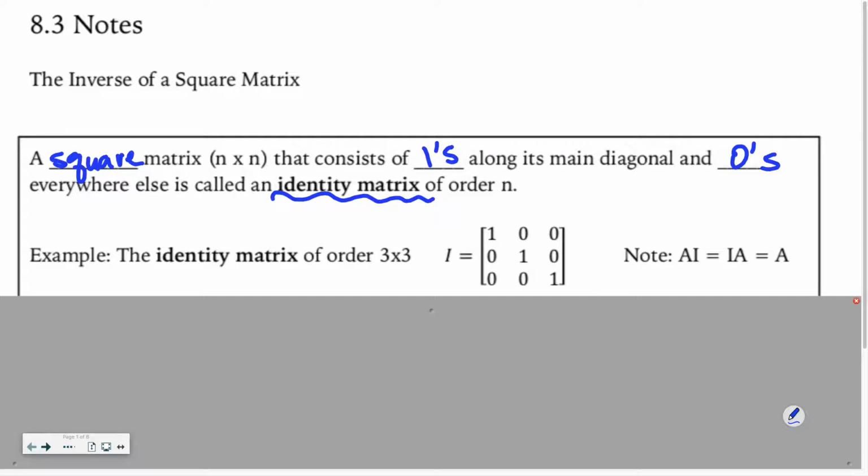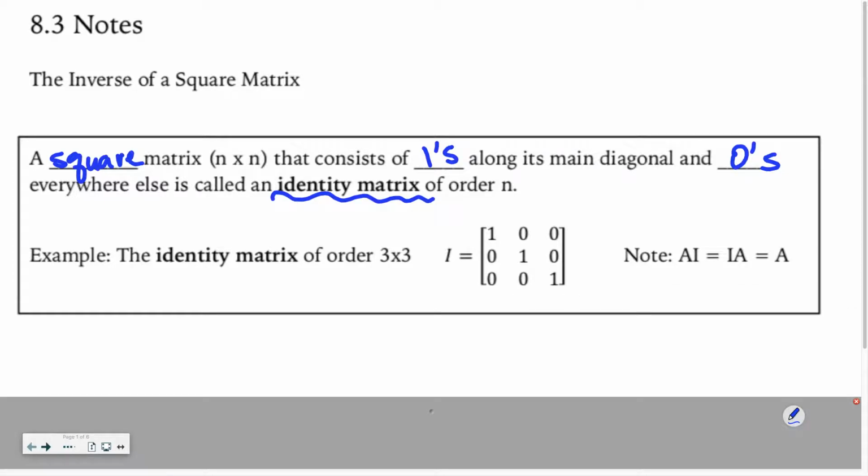What happens when you multiply by 1? You get the same number, right? So when we talk about an identity matrix, it's that same sort of thing. If we take a matrix times the identity, we're going to get the same matrix. The identity matrix is like multiplying by 1. So if we take a matrix times the identity, in any order, we're going to get that same matrix.